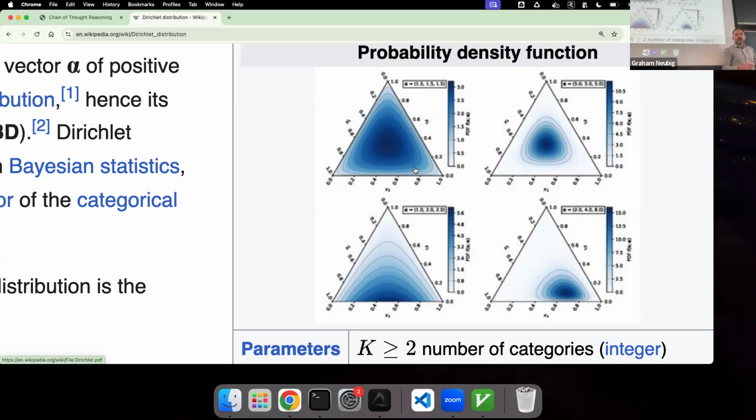Typically, if you take a maximum likelihood estimate of a probability distribution, let's say it's a probability distribution over A, B, or C, and you've observed 1 A and 0 Bs or 0 Cs, what's the maximum likelihood estimate here?